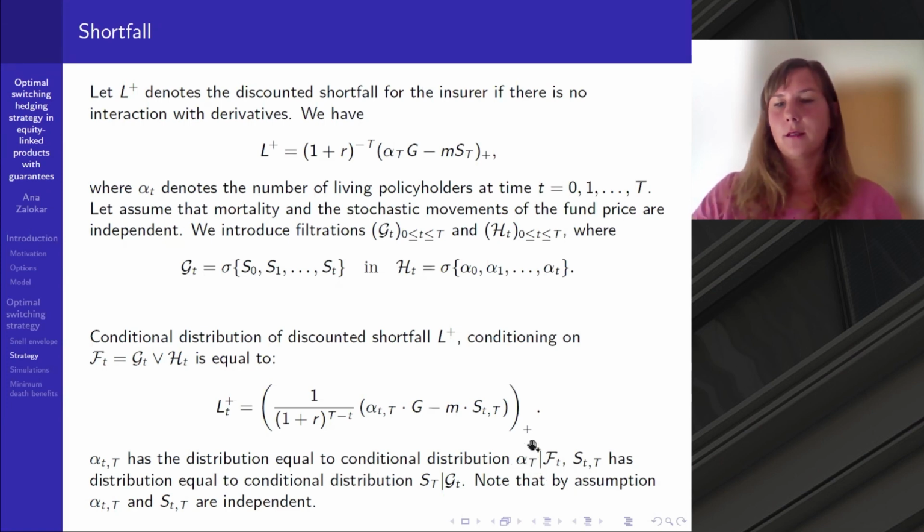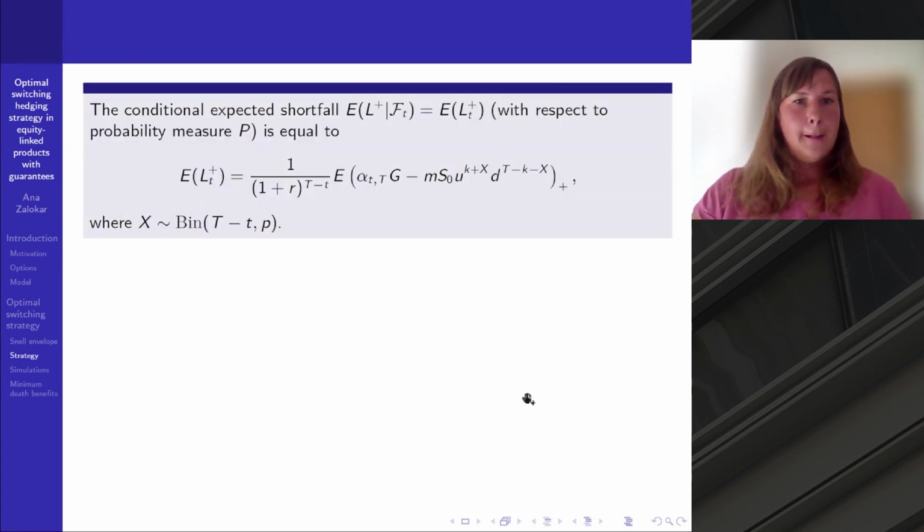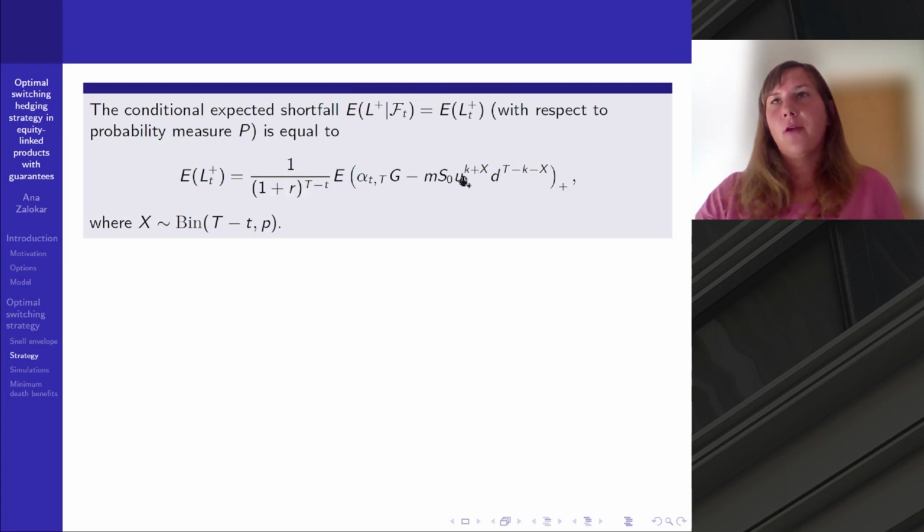This means the expected number of policyholders at the end. What is the conditional expected shortfall with respect to the probability measure P? This is the amount of money that we need to have at the end minus the amount of money, or the amount of stocks, that we have in our hands.